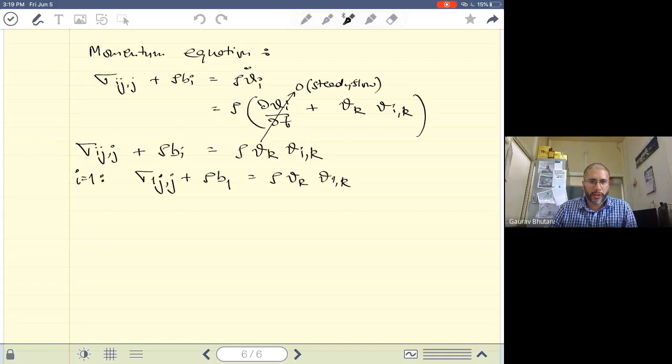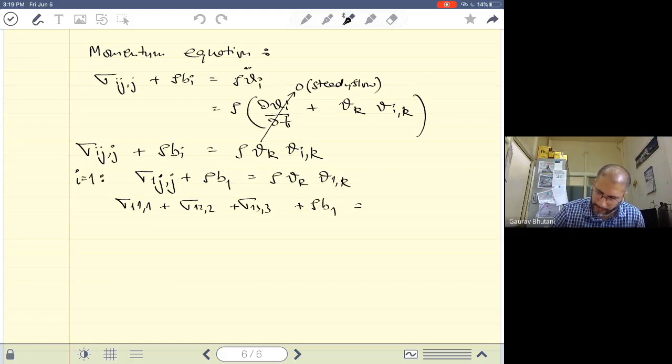So in this case, it's sigma 1j comma j, so this term will expand. So we get sigma 11 comma 1 plus sigma 12 comma 2 plus sigma 13 comma 3 plus rho b1 equals rho v1 times v1 comma 1.